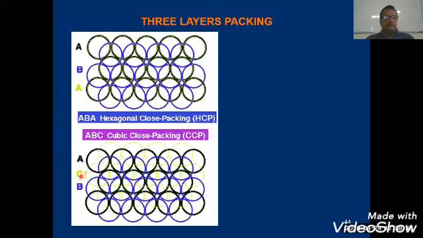Then the third layer, the C layer, is represented by yellow circles, and you can see these yellow circles are not exactly at the top of A or of B. That means A, B, C are three different types of layer. Here A, B are two different types of layer, and again the third layer will be similar.